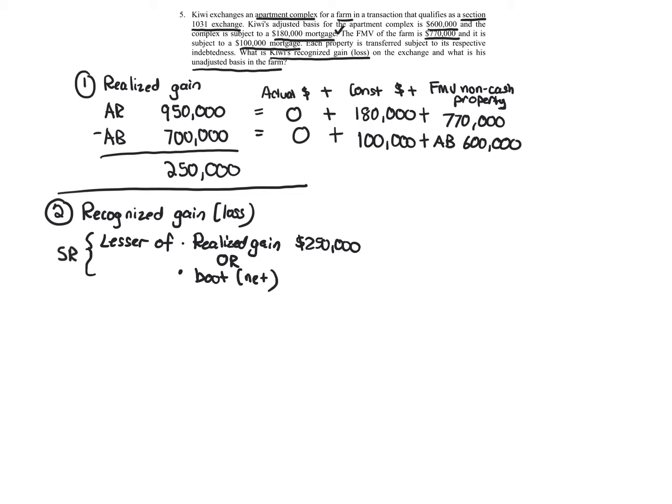So remember, we saw this in earlier problems. When you have both boot received and boot paid, right, which you'll look at the two lines, the two rows, that's what I mean, you know you have some boot received, some boot paid. So remember our rules. The general rule says that all boot, sorry, not all, my apologies. There's that language I keep using.